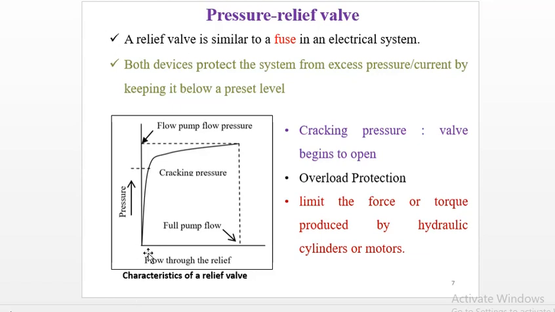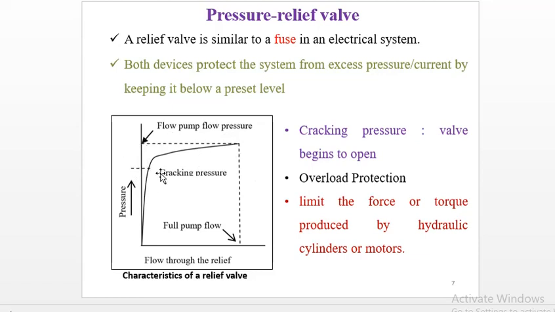Here you can see that at a very low flow rate, meaning zero flow rate, it starts and a very high pressure is there. At a very small flow rate you find very high pressure, and after the cracking pressure the flow rate increases, but at a certain level the pressure remains constant, and at the full pump flow the pressure remains constant.